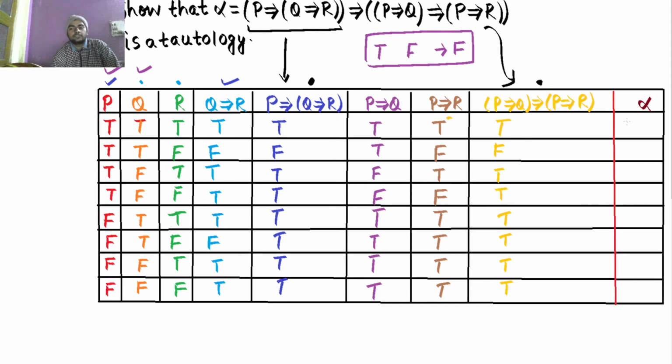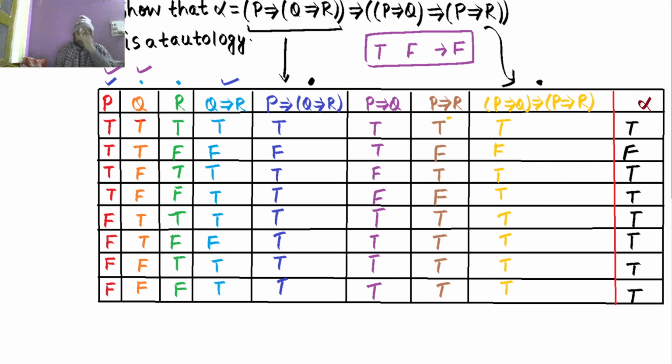T and T giving us T. False and false. Starting with false, you will get false. T and T, again T. Fourth one is T and T, again T. T and T. And the last four, as you can see, are true on both sides, so you'll get true. So as you saw in this problem, this big looking problem can be broken into smaller components.